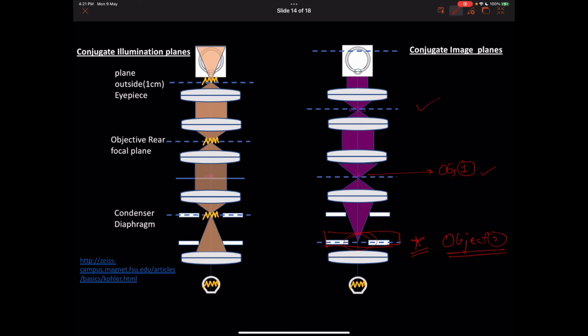Now this is exactly what happens. When you have a diaphragm placed in the conjugate image plane of this field, the image of the diaphragm should also be formed at all the subsequent conjugate imaging planes.